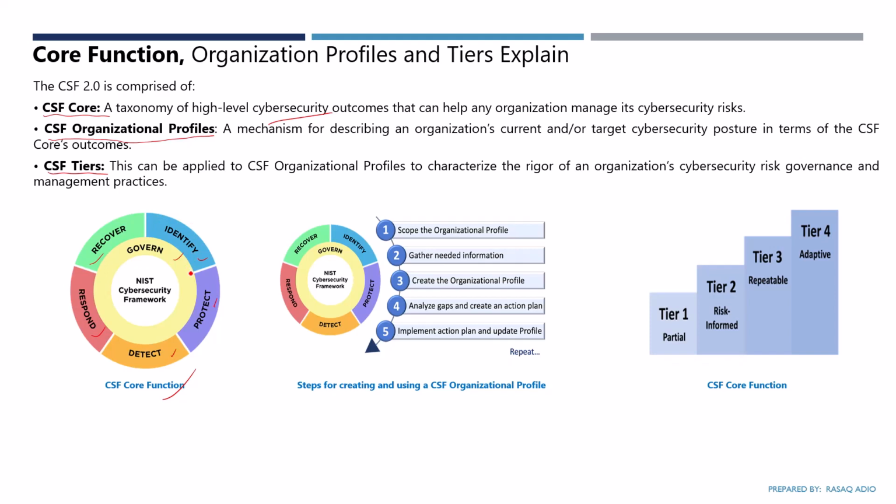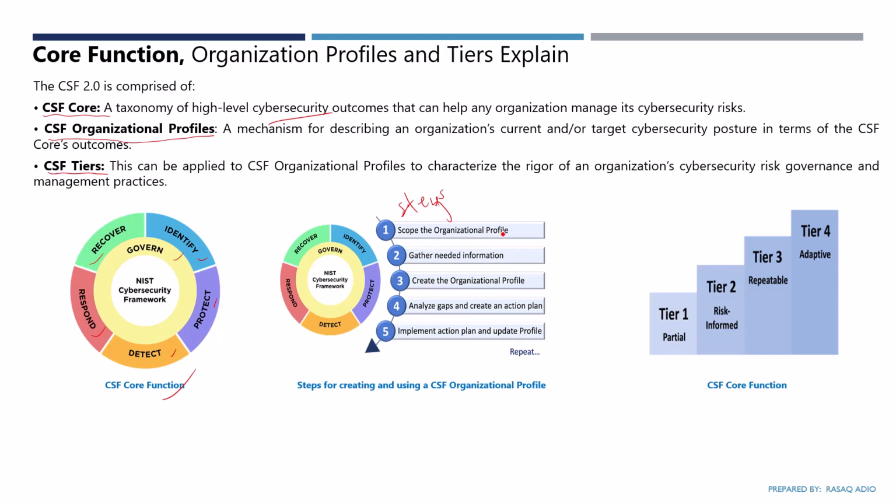And apart from that, we now have the organizational profile, right? And these are the steps to actually carry out or to review what level your organization falls into, the profile of your own organization.